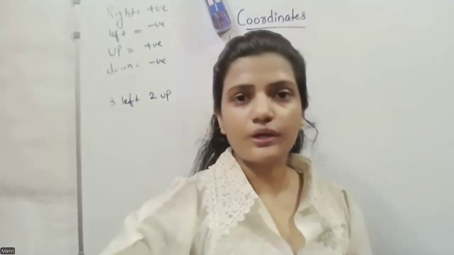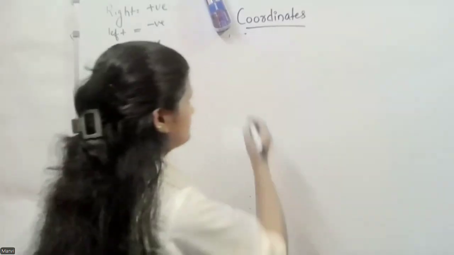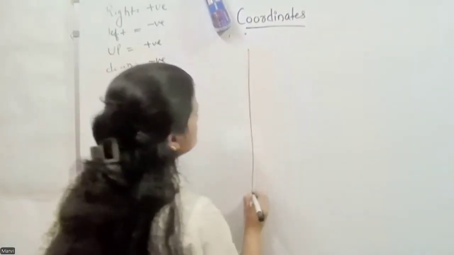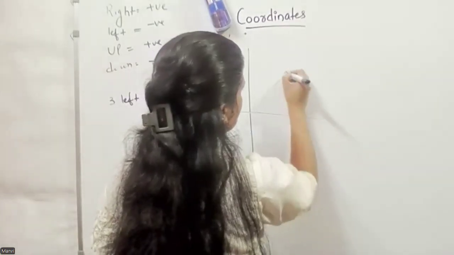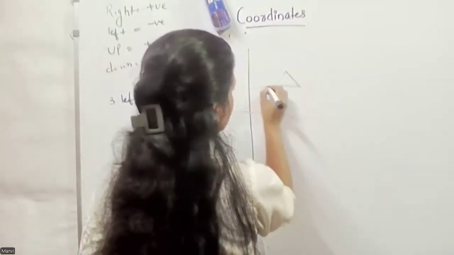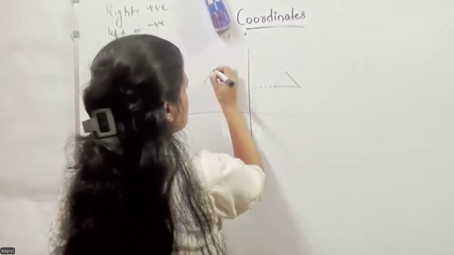If this is the reflected line and the point lies somewhere here, the distance between the line and the point and its reflection looks the same.